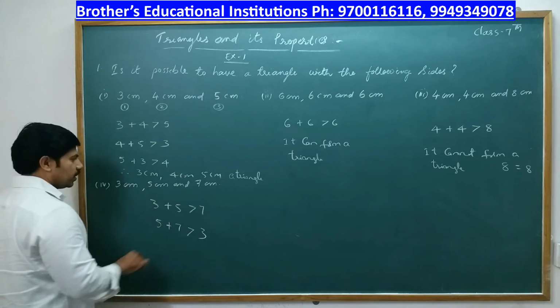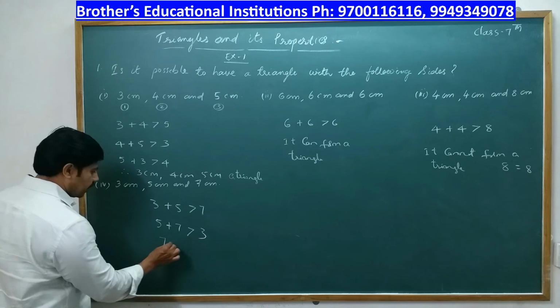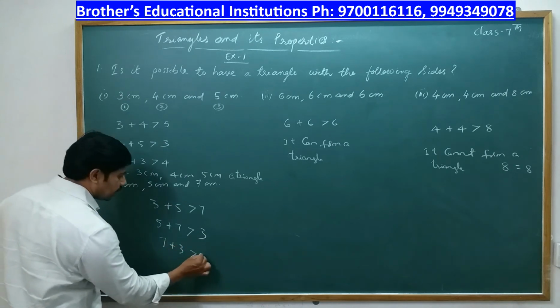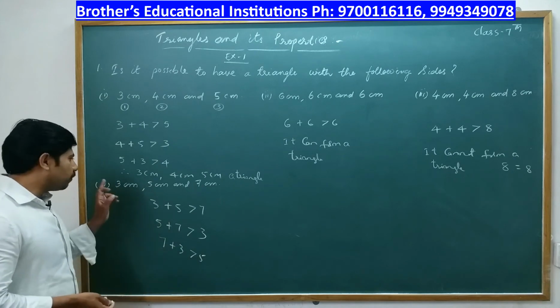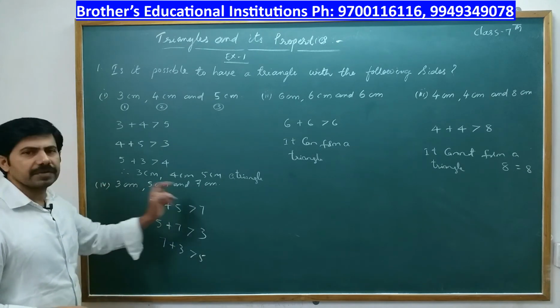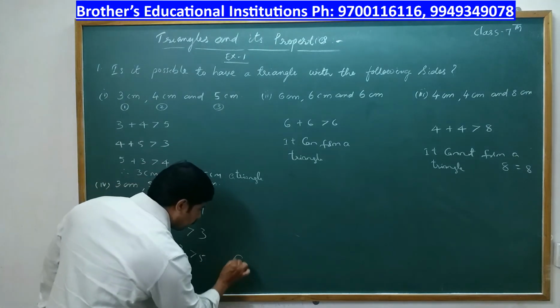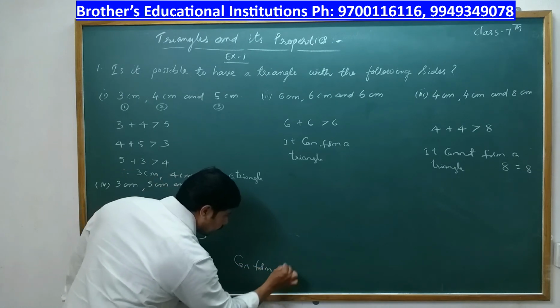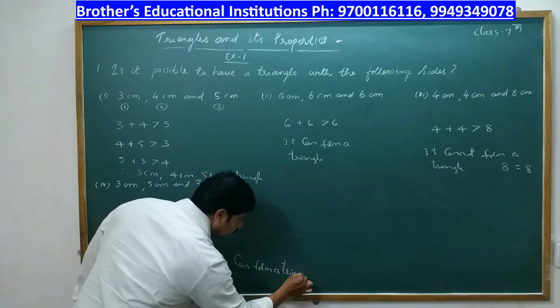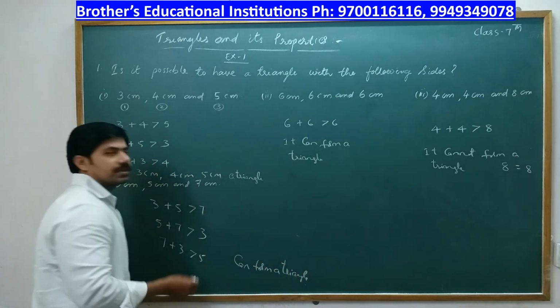Now I'll start with 7. 7 plus 3 greater than 5. 7 plus 3 is 10, 10 is greater than 5. Therefore 3 centimeters, 5 centimeters, 7 centimeters can form a triangle. Okay, so this is completed.